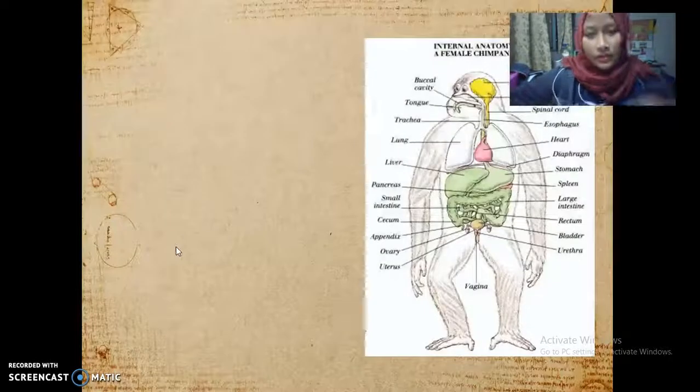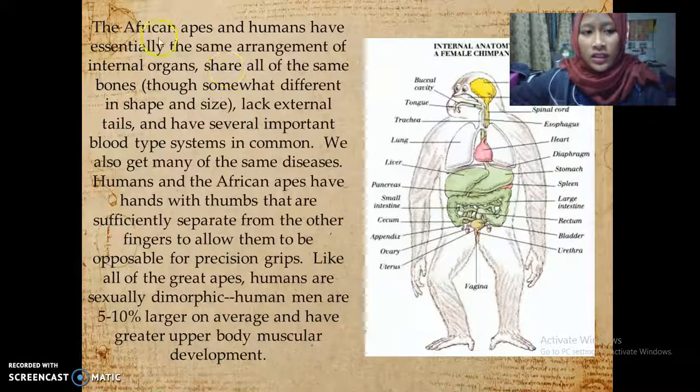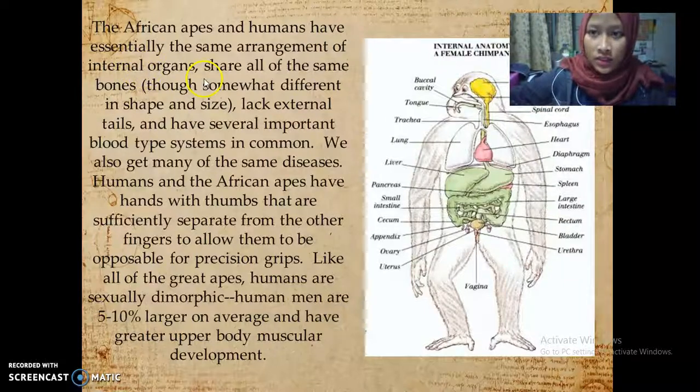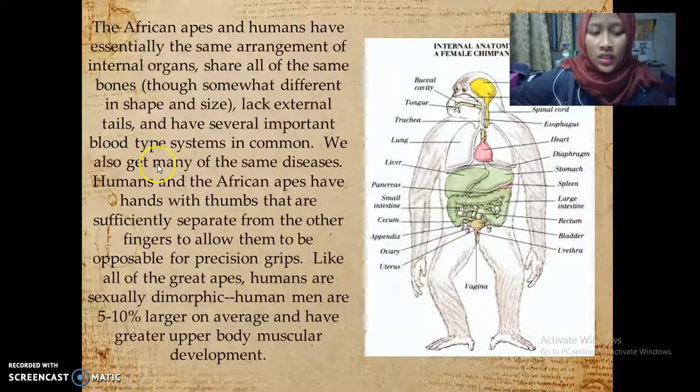For the beginning, the African apes and humans have the same arrangement of internal organs, and we all know that we share the same bones. However, in humans we lack external gills and also have several important blood systems in common.